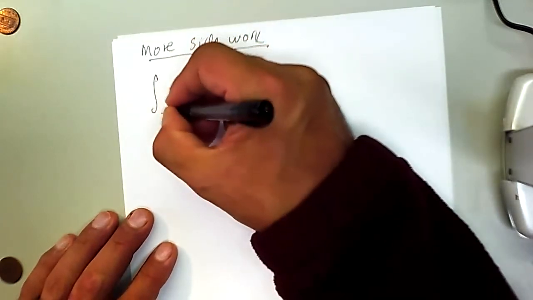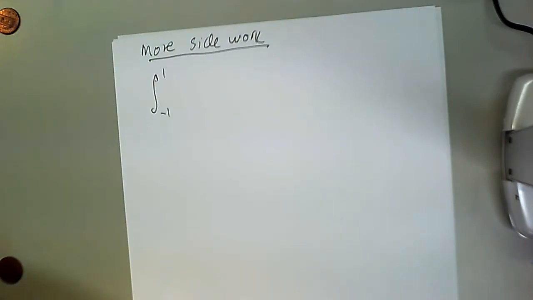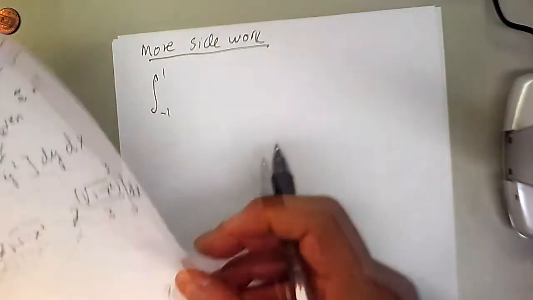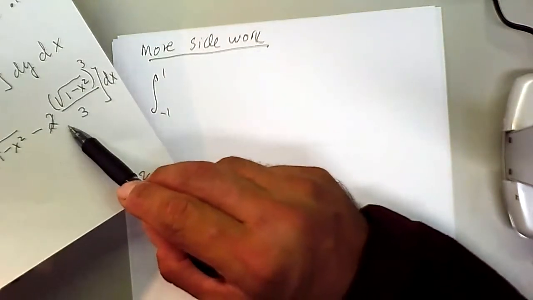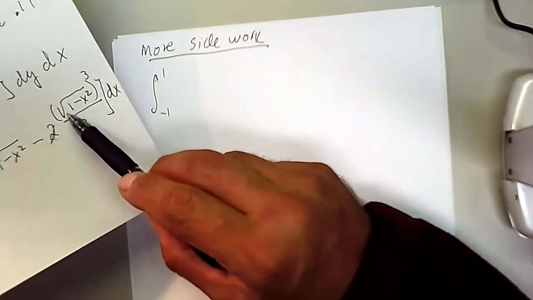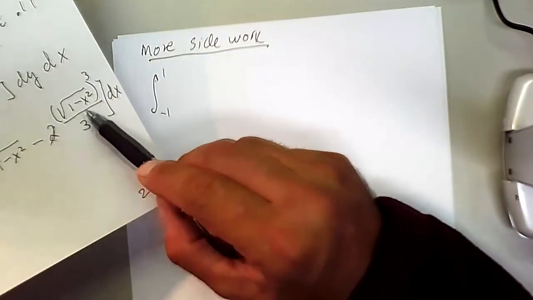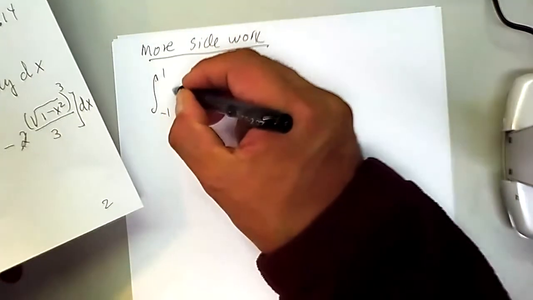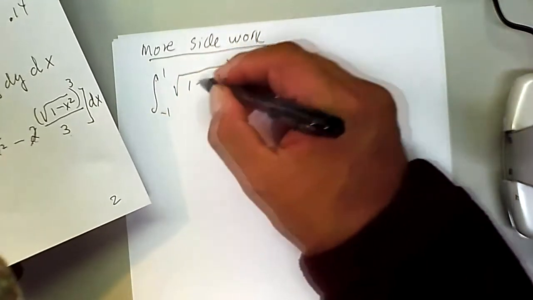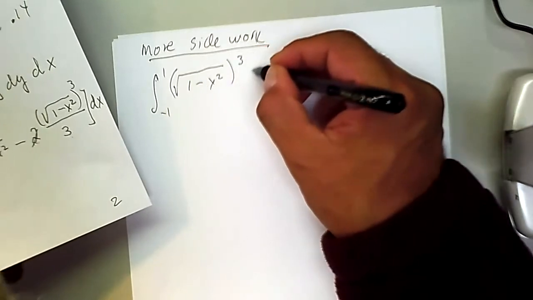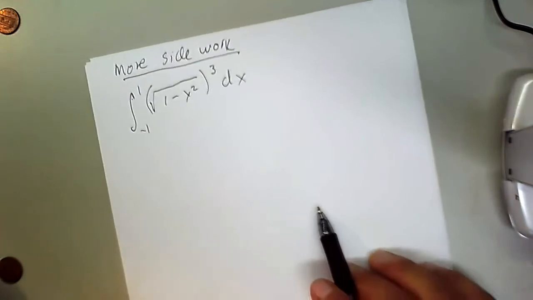So we want to find the integral from -1 to 1 of, let's bring this guy back. Let's not consider the 3, we're just going to integrate this. That's side work. So I'm just going to take this guy, square root of 1 minus x squared, quantity cubed dx by itself, and see what it is.